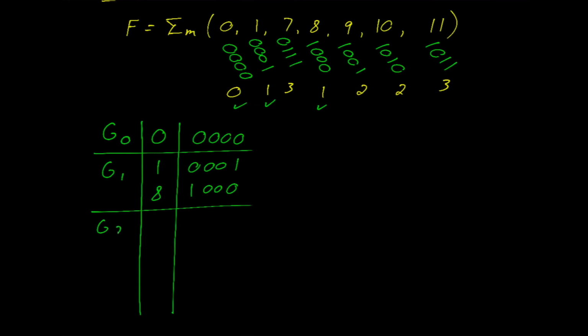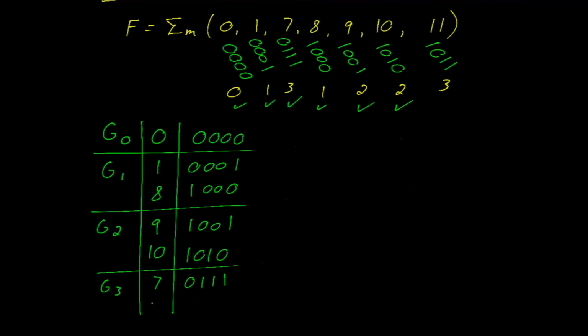Group 2, which are things that contain 2 ones. So that's 9 and 10. In group 3, we have 7 as 0, 1, 1, 1, and 11 as 1, 0, 1, 1.